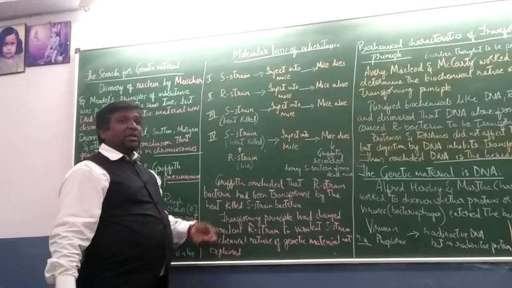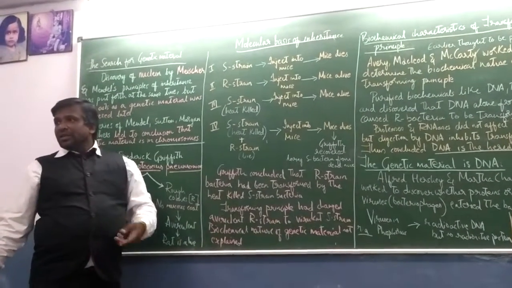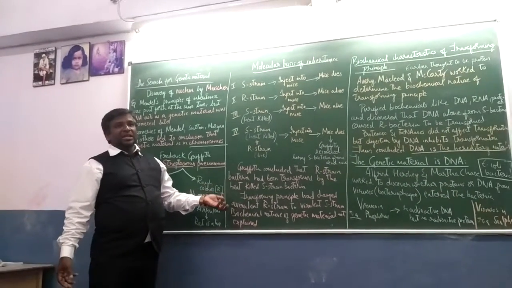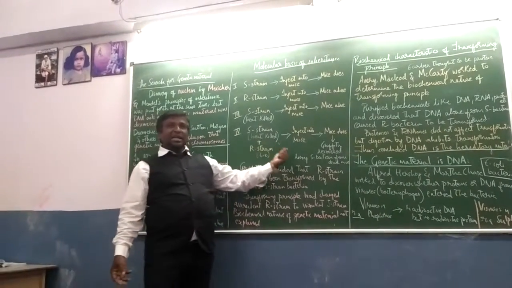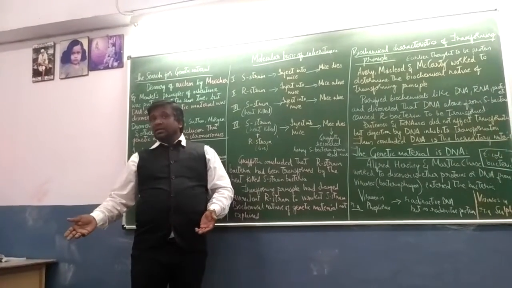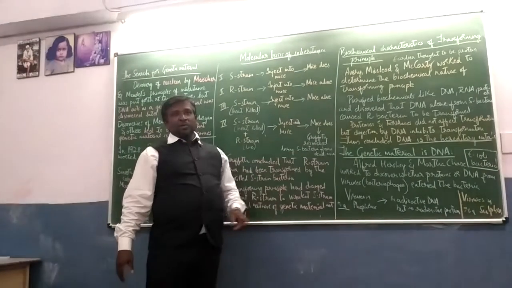Fourth, he made a mixture of heat-killed S and living R. Generally, we would believe that when this combination is injected into mice, they should remain alive because both are avirulent. But he was surprised to notice that the mice died of pneumonia.